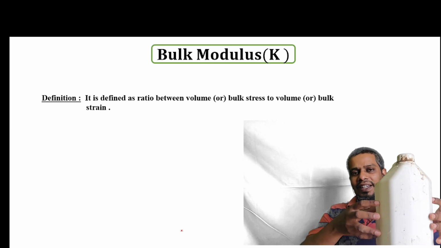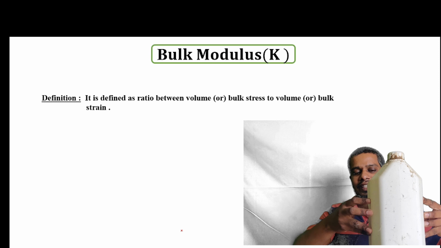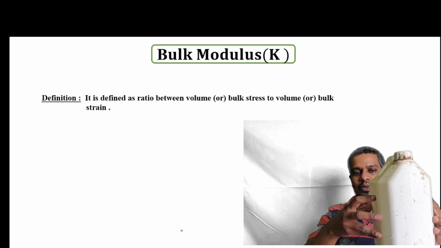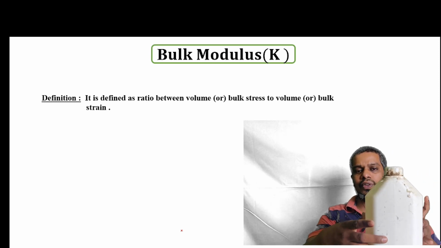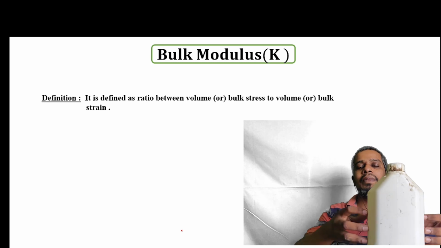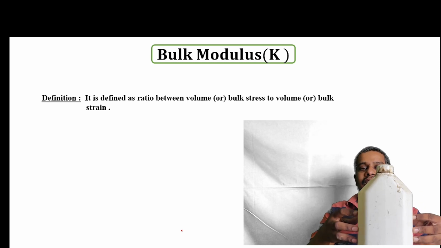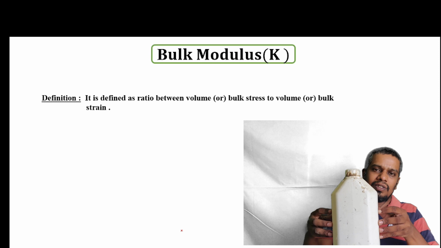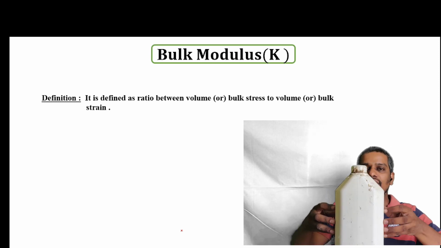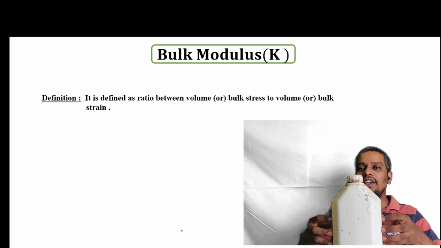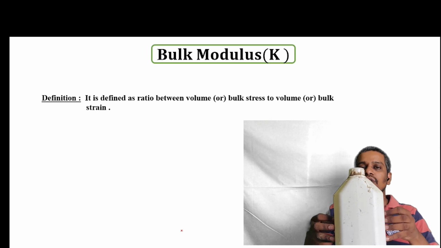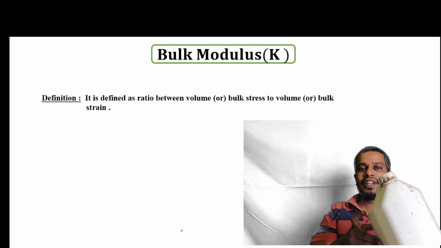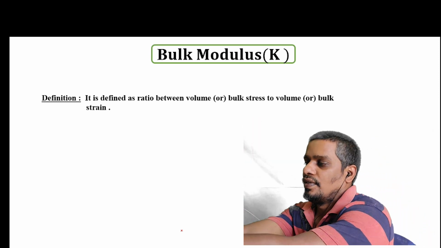I am giving the force in all directions, like here it has 6 faces, 1 2 3 4, top and bottom. If you give force on all the sides simultaneously, it will compress. Or if you are pulling all the sides, it will expand, the volume will change. So for this kind of material, we want to define the bulk modulus.